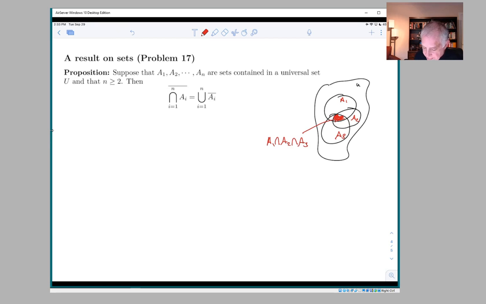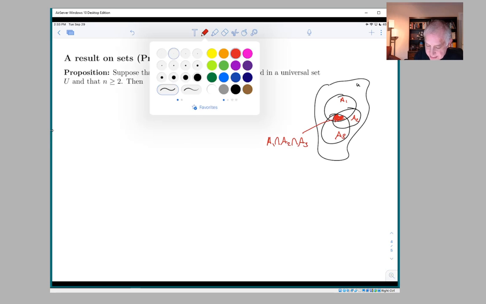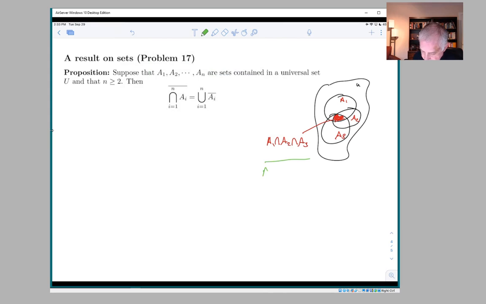If you take the complement of that set, that's in green, that's everything out here. The claim is that this is supposed to equal the union, it's supposed to equal A1 complement union A2 complement union A3 complement. And that this is supposed to be true for an arbitrary number of sets.